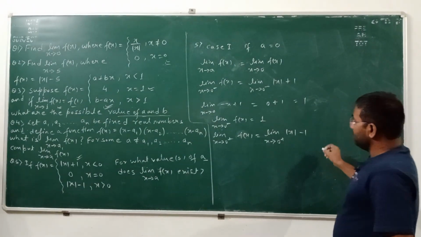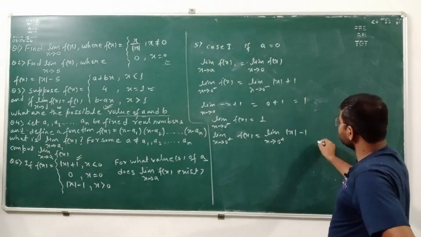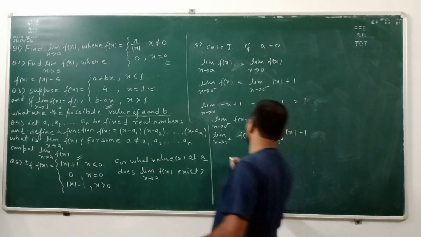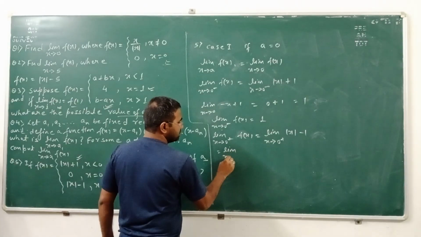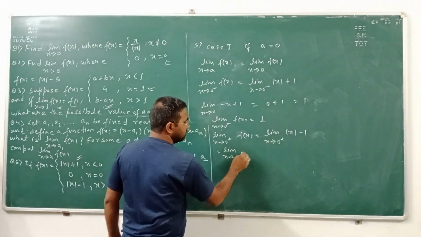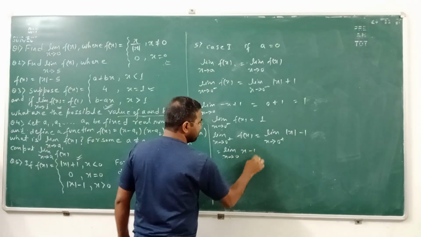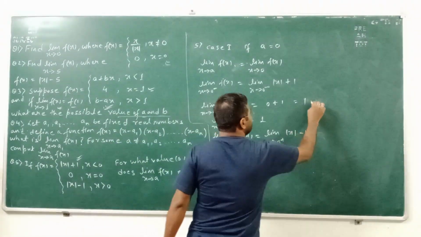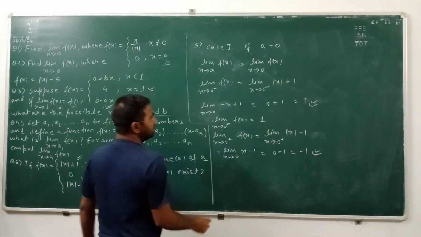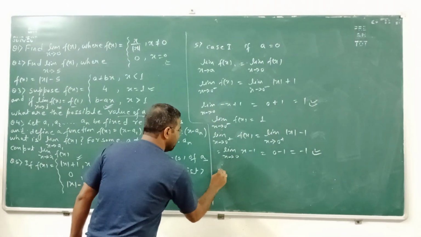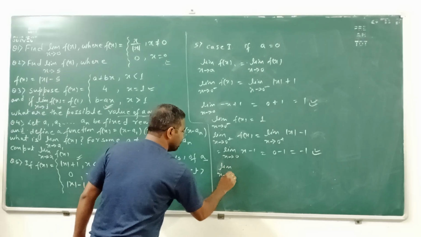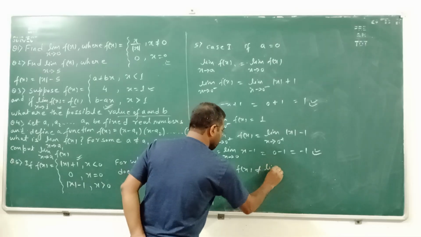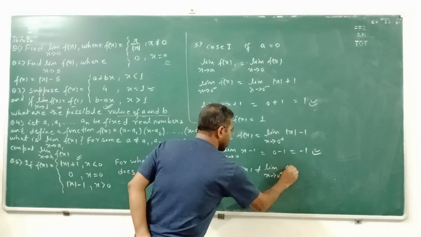Then the limit as x tends to 0 of mod of x minus 1: mod of x will be x, minus 1, so when you put the value 0, minus 1 will come. So here you can see 1 is there, here minus 1 is there. It means the limit as x tends to 0 negative of f(x) is not equal to the limit as x tends to 0 positive of f(x).